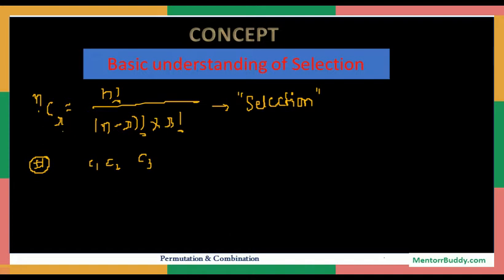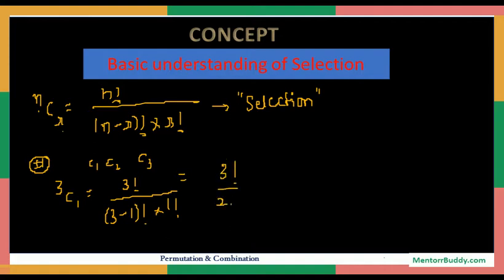Then the selection procedure will be 3C1. 3C1 will be 3 factorial upon (3 minus 1) factorial into 1 factorial, which is 3 factorial upon 2 factorial, equal to 3. So in 3 ways I can select one chocolate out of these 3 chocolates.